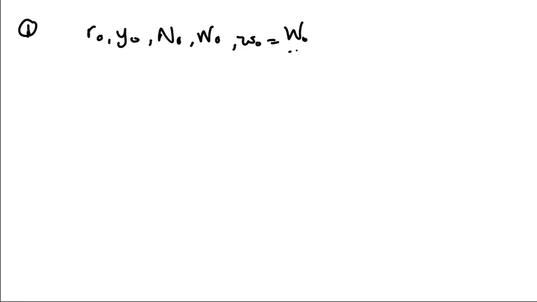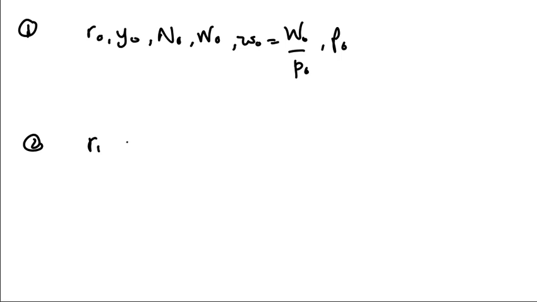So now we can summarize the whole analysis like this. So first, in the initial stage, we have R0, Y0, as well as N0, W0 nominal wage, and we also have real wage, which is equivalent to capital W0 over P0. Yeah, we have P0. But then finally, what do we have?